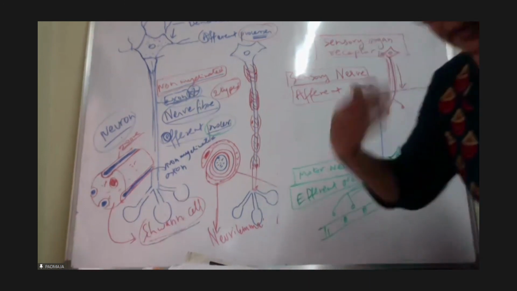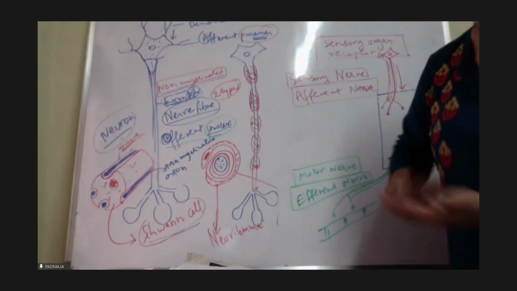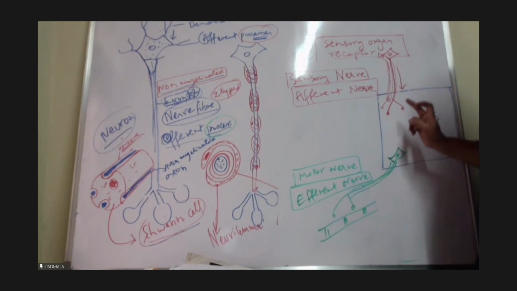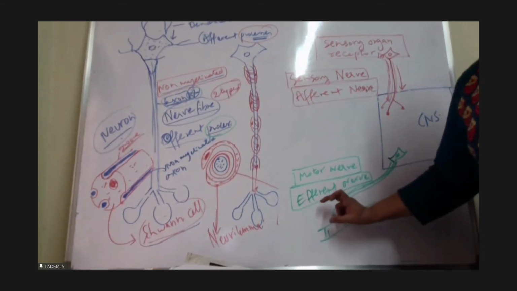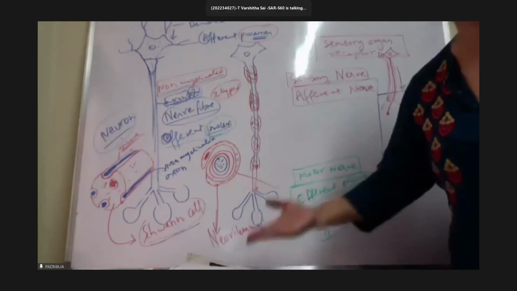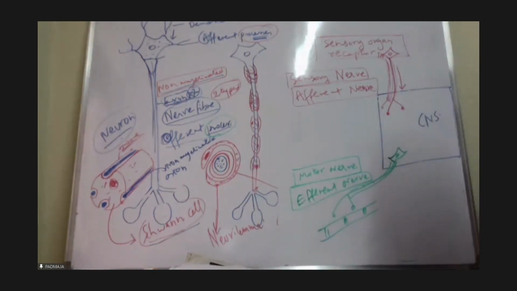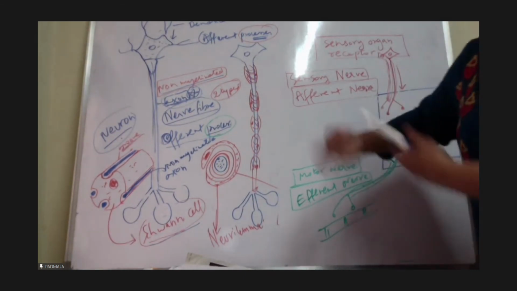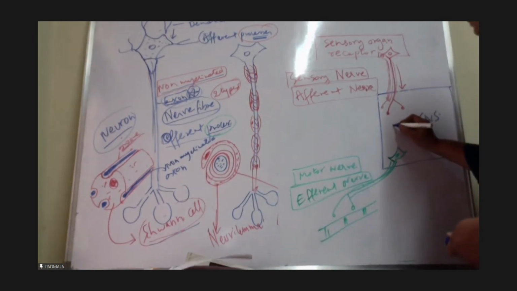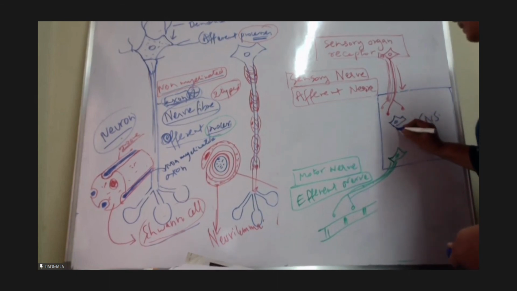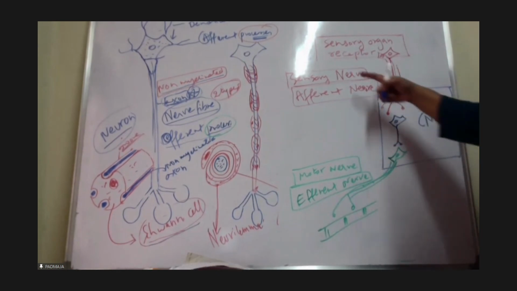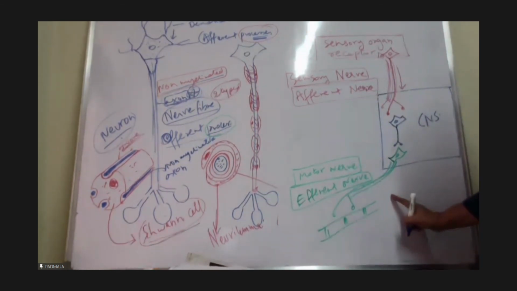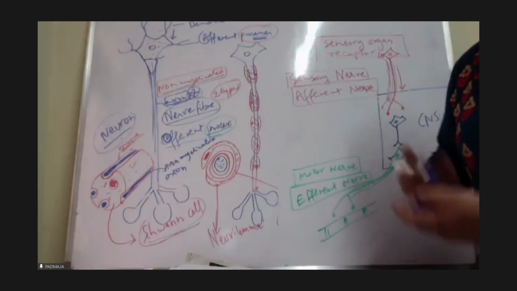That interpretation, what question you received, what answer you should give, is understood and processed by central neurons. In the central nervous system, this neuron, the interneuron, is not sensory, not motor, but it helps in interpretation.